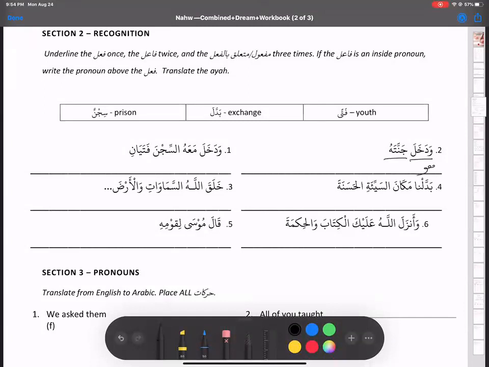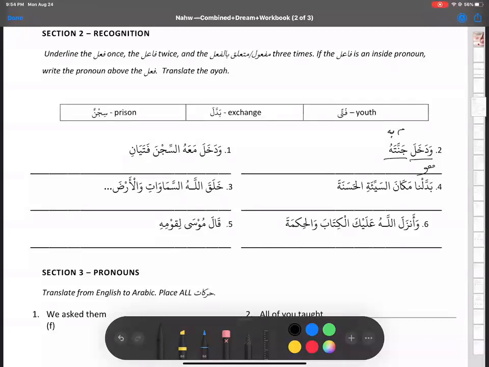Very good. And what is jannatahu? Maful bihi, and this is our idafa fragment, right? Very good. And how are we going to translate? And he entered his garden.